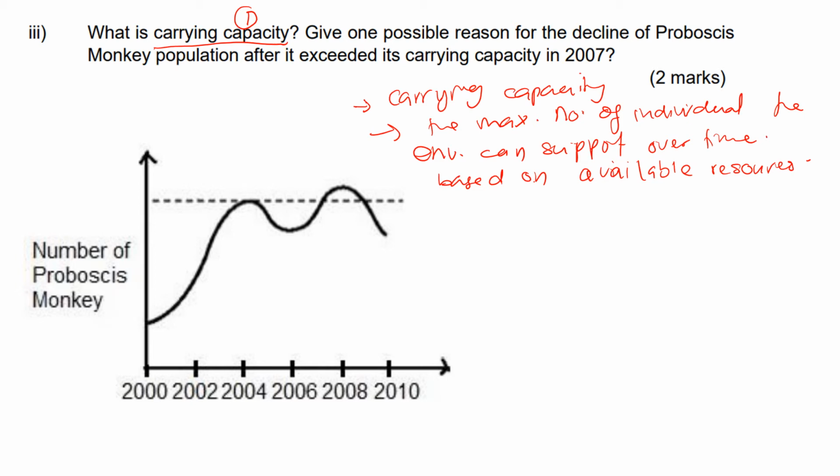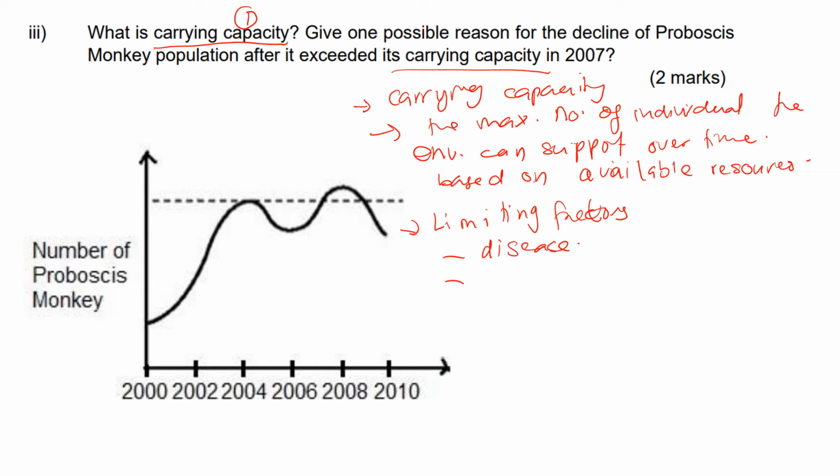Okay, so for the second question, give one possible reason for the decline of proboscis monkey population after it exceeded carrying capacity. So you have to give what are the factors that cause the population of proboscis monkey to decline. Okay, so this is due to what? The limiting factors that are present in that environment. Limiting factors, such as what? Disease.